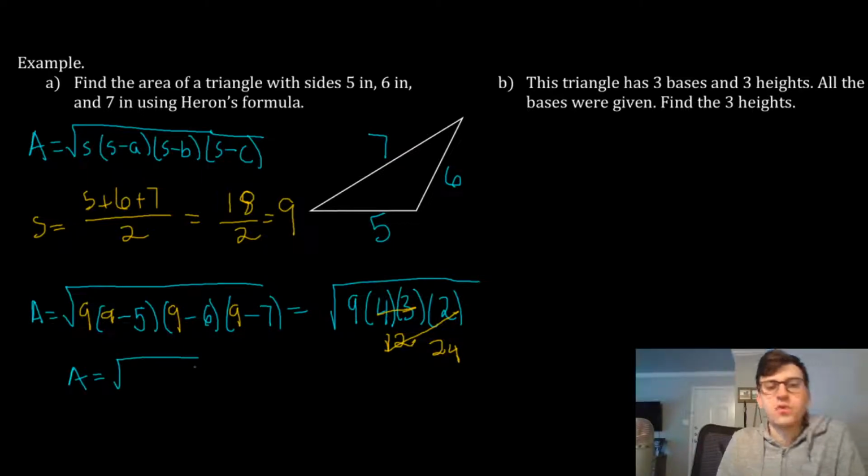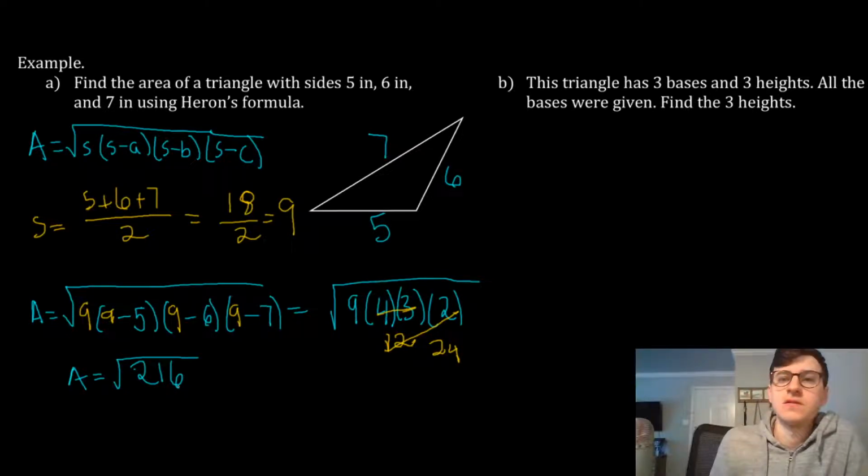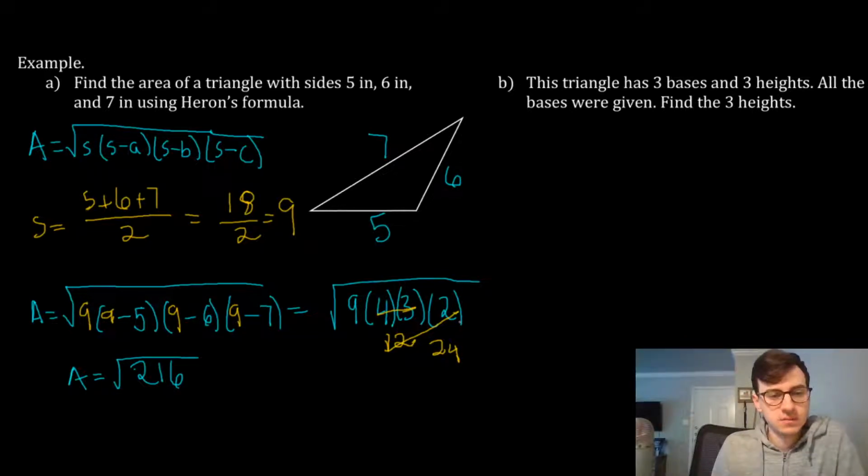I think that's 216. I feel good about that. 9 times 20 is 180. 9 times 4 is 36. So then 9 times 24 is 216. Okay? And the square root of 216, well, maybe we could have simplified a little bit better over here.